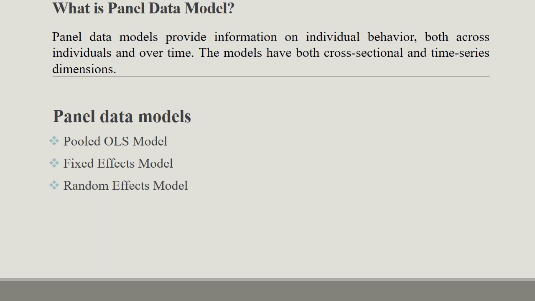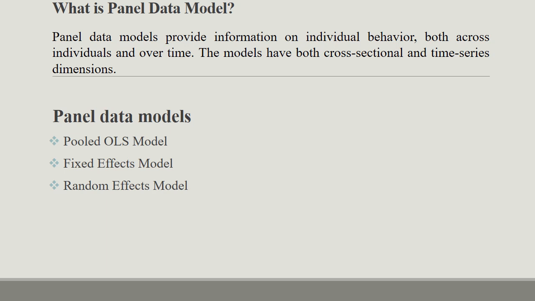Now we will discuss different models of panel data. Before coming to the models, just the definition of panel data model. It is similar to, aligned with, the definition of panel data. The panel data models provide information on individual behavior both across individuals and over time.